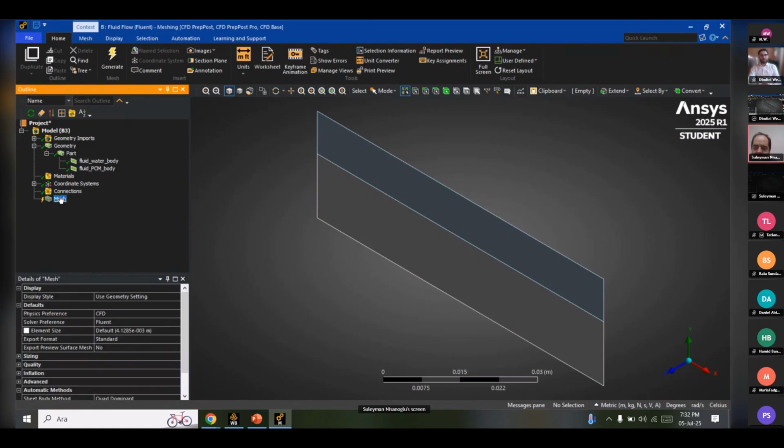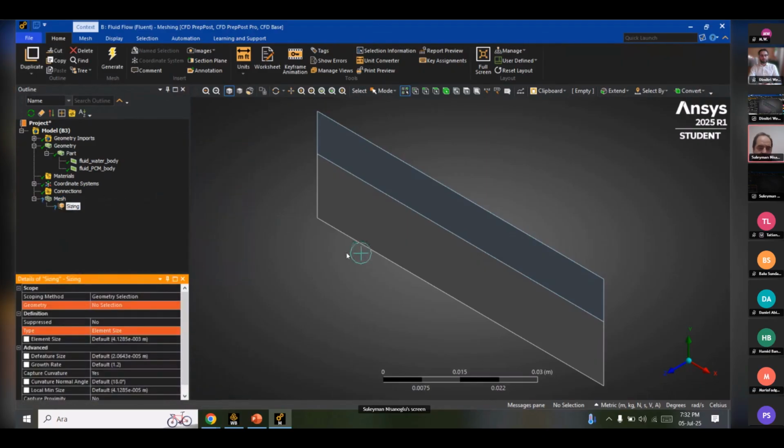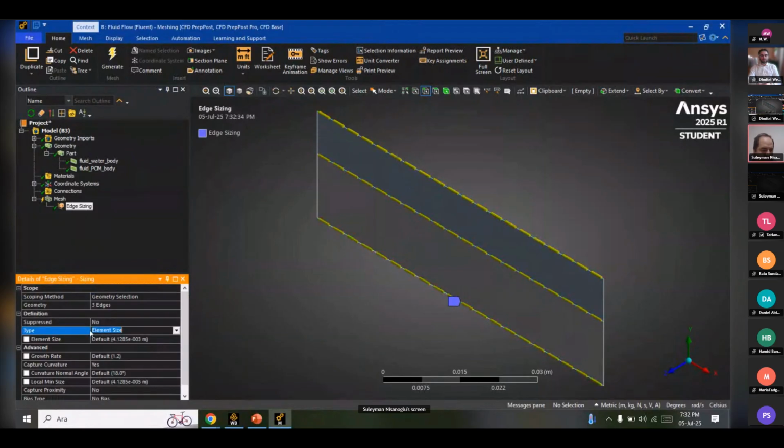First of all, sizing. Insert sizing. I select, click here, edge, all horizontal edges. Type is element size. I'll change the number of divisions. For example, 400 divisions, very nice.